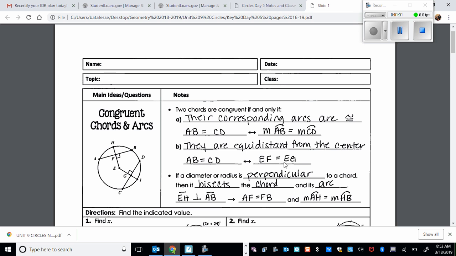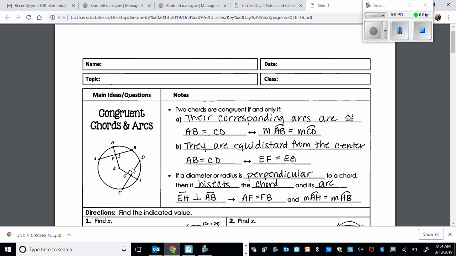So you can tell me the distance from the center to the chord is congruent, then I can tell you that the 2 chords are congruent, or I can say the 2 chords are congruent, therefore the distance is the same. The second thing you need to understand is if a diameter or a radius is perpendicular to the chord, so if it gives you a 90 degree angle here, then it bisects the chord and its arc into 2 equal parts.